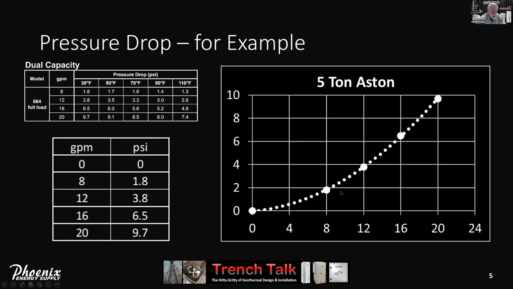And this indeed is a parabola or a squared function. So if I look at 8 GPM, my pressure drop is just under 2 PSI. If I double my flow rate to 16 GPM, the pressure drop is going to be 4 times higher.